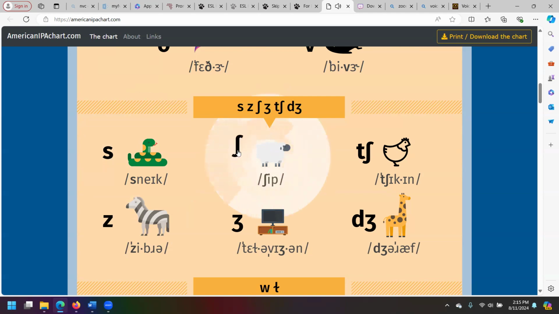It's like shh, be quiet, shh, or sheep. This one, this symbol, we usually spell it with CH, like cha. Looks like a Z, it sounds like Z, Z, Z.